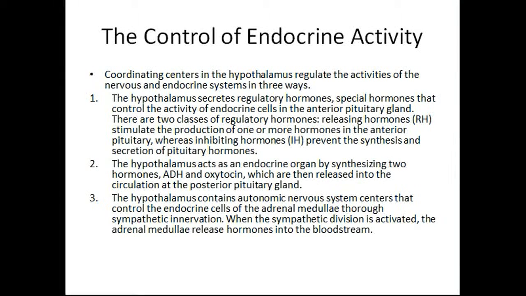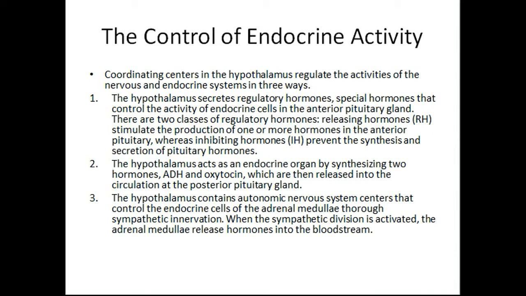And now we have a long section here, but I'm going to try to sum it up. Coordinating centers in the hypothalamus regulate the activities of the nervous and endocrine systems in three ways. The hypothalamus secretes regulatory hormones that control the activity of endocrine cells in the anterior pituitary gland.